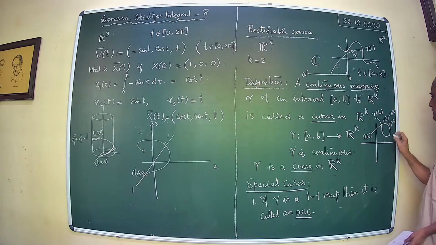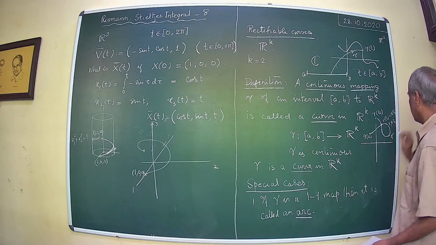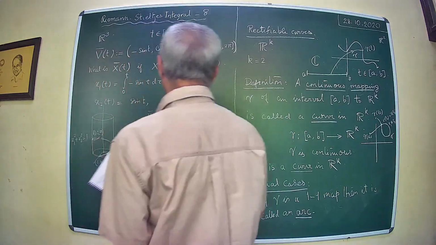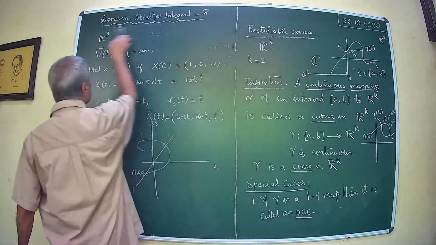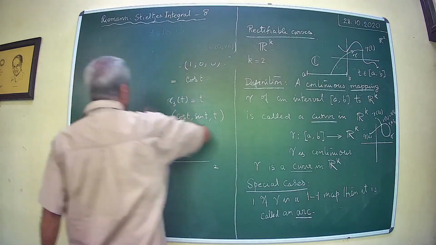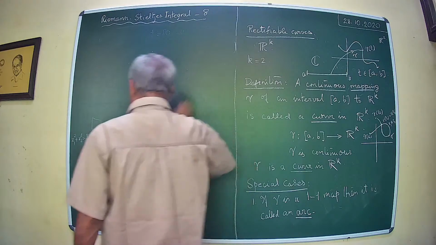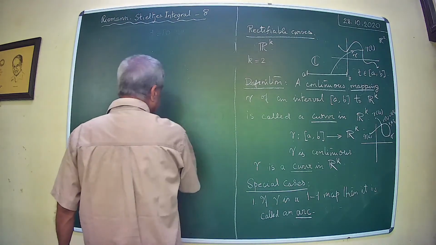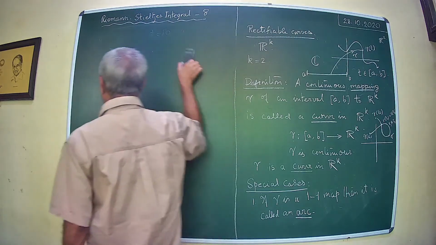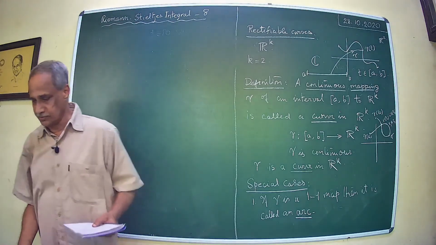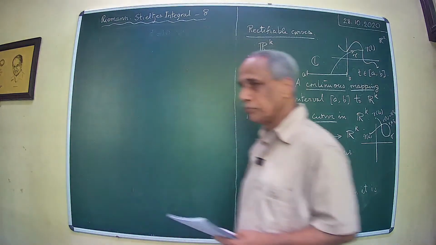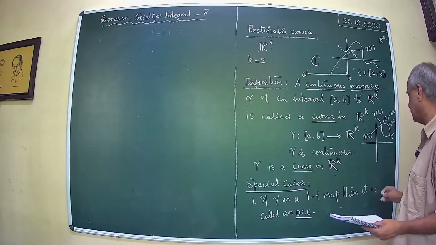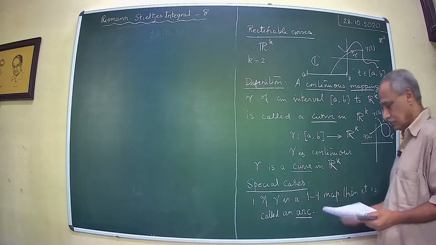So this gamma fails to be an arc. So that's something to be realized. It should not be self-intersecting. The image points forming the curve should not intersect with themselves, or it should not pass through the same point at two or more different times over the interval [a, b].